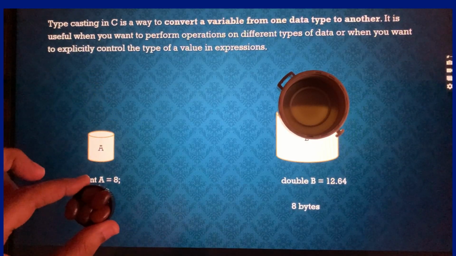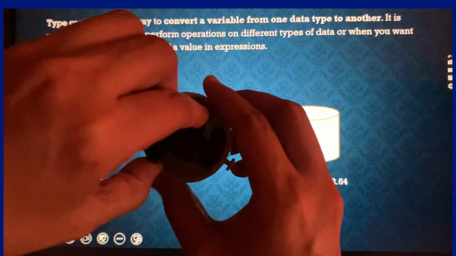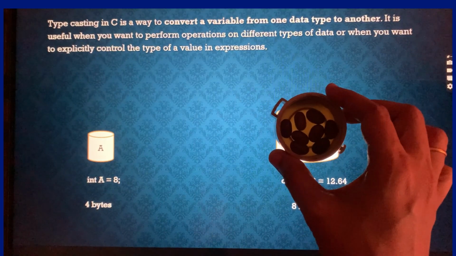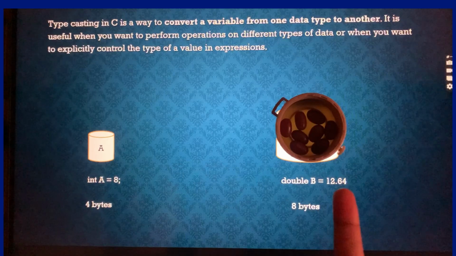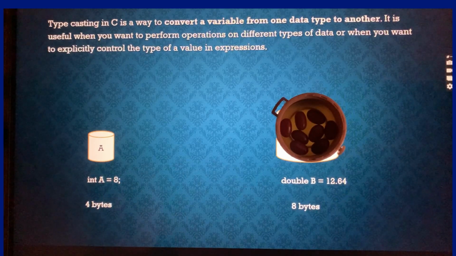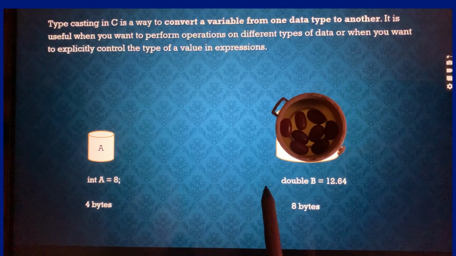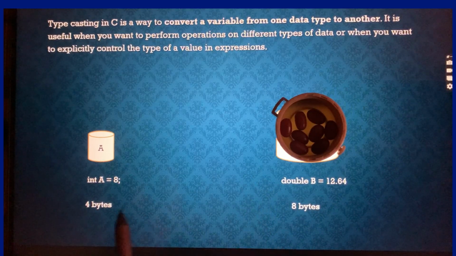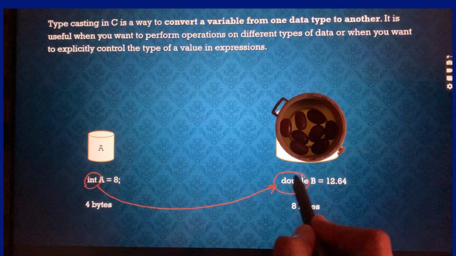So this is my smaller cup and I'm trying to pour all the candies into the larger cup. What happened? If we pour the candies from the small cup to the larger cup, all the candies will fit and nothing will get spilled over. This is exactly what happens when you try to convert an integer value to a double value.